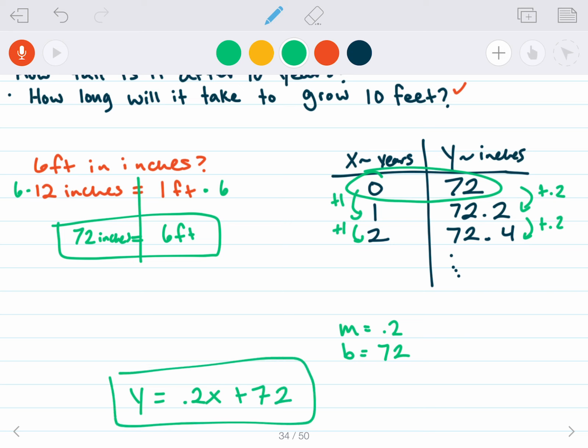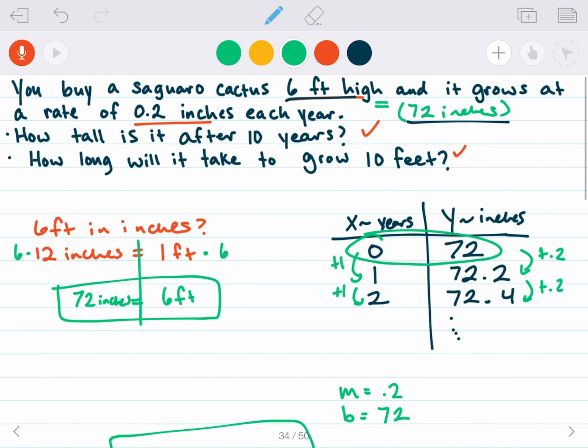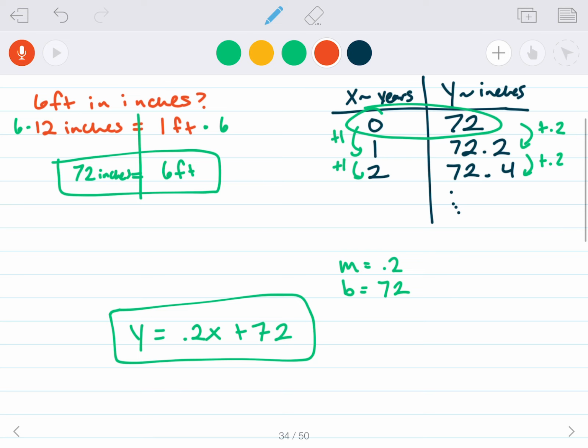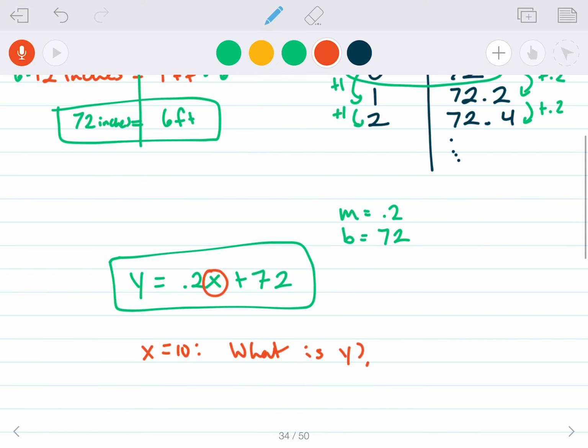And once you have an equation, you can answer any kind of question, right? So the first question is, how tall is it after 10 years? So that corresponds to x being 10. What is y when x is 10? Well, we just plug in 10 into this function.